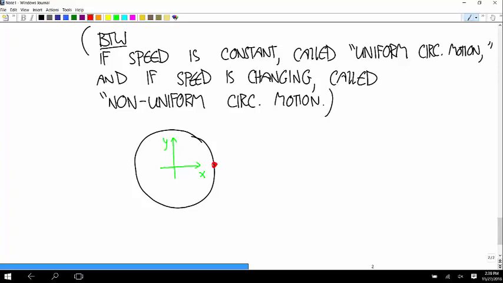Okay, so we're looking at this point. There's the centripetal acceleration. The way I drew the motion before, the velocity would be this way. Let's say in this case that the speed is decreasing, then the tangential acceleration is this way.